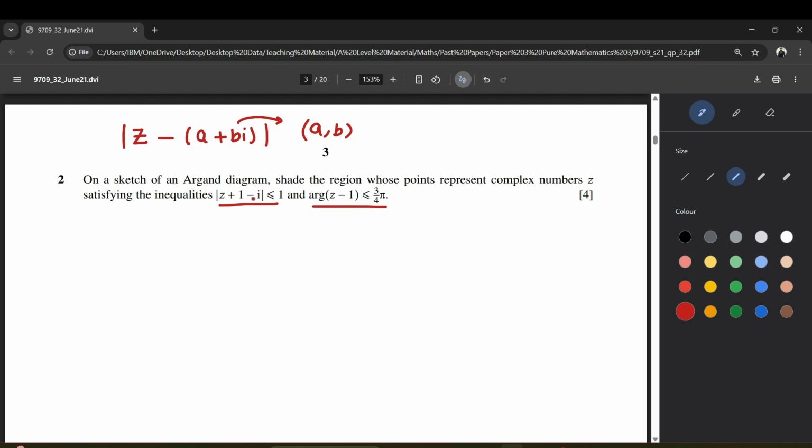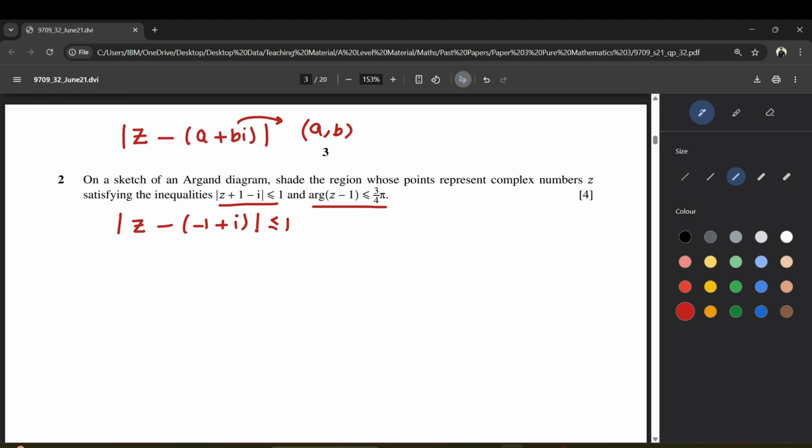So first we have to rearrange this complex number inside the modulus into this form. So what we can do is we will take minus common. So we will be left with minus 1 plus i. Okay. Now you can see clearly that this is the exact same form as written here. This is less than or equal to 1.